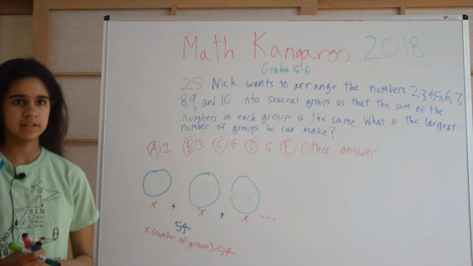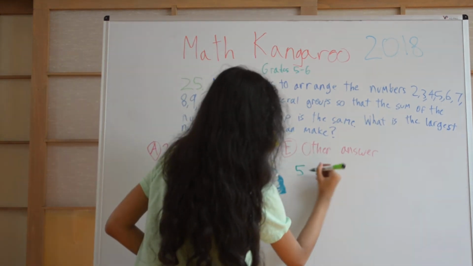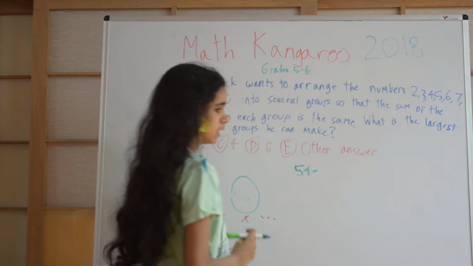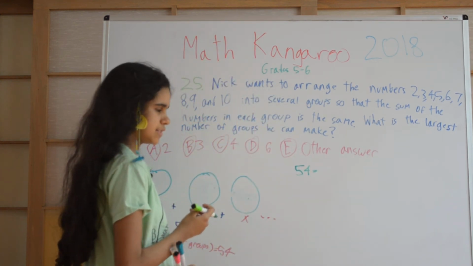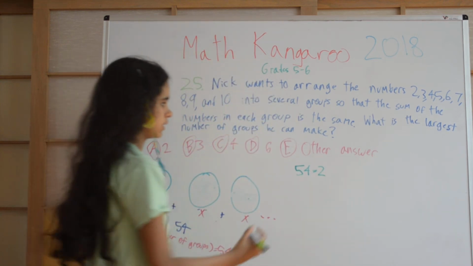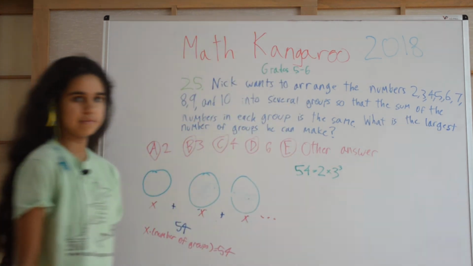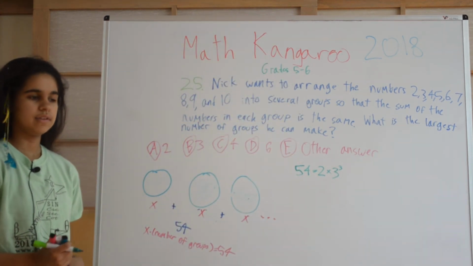So we can write the prime factorization of 54. 54 divides by 2, and 54 divided by 2 is 27, which is 3 cubed. So 54 is 2 times 3 cubed. That's the prime factorization of 54.